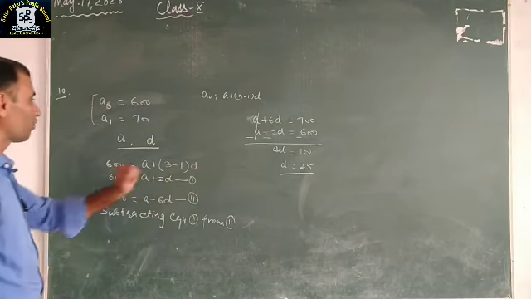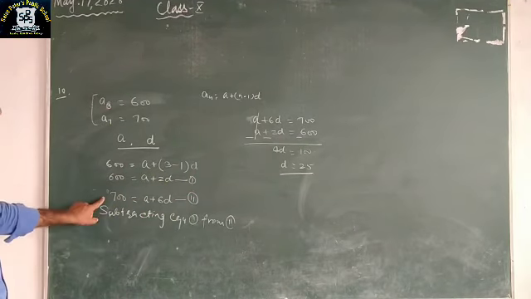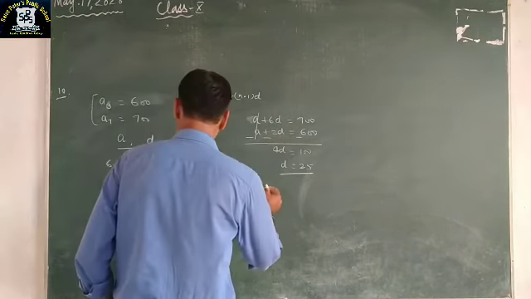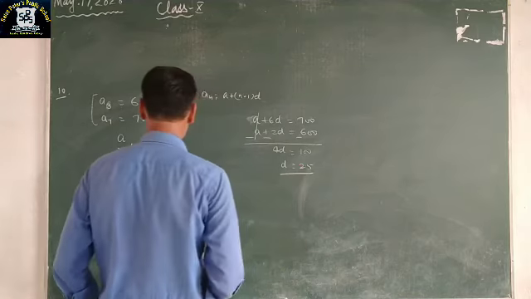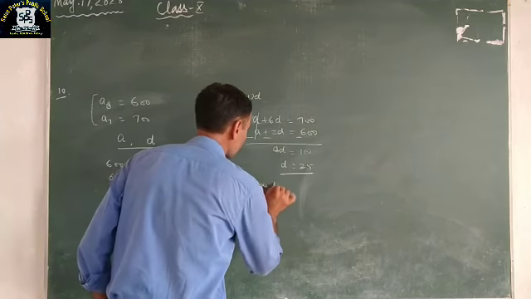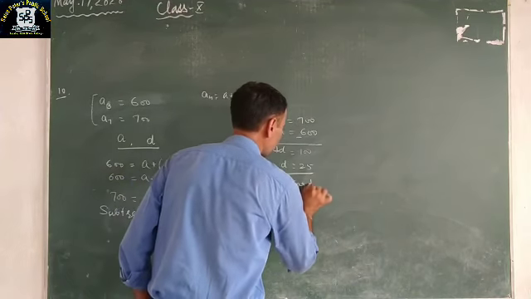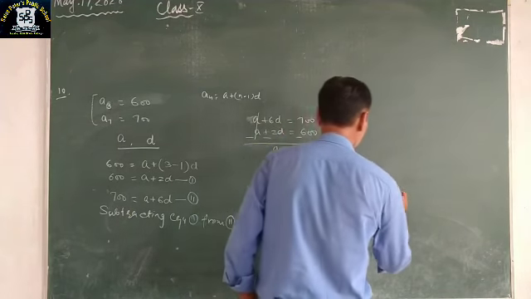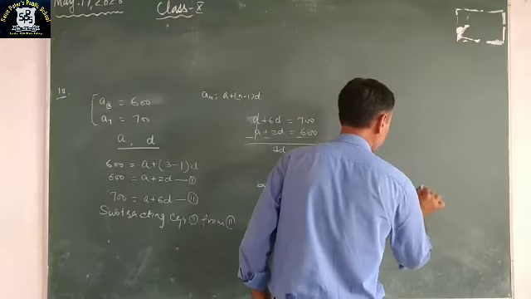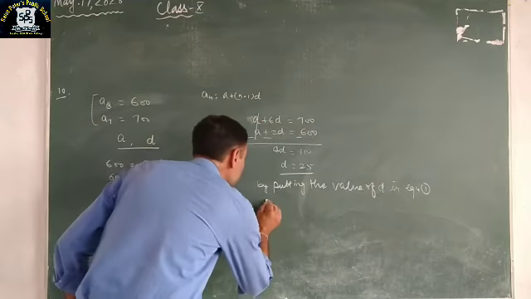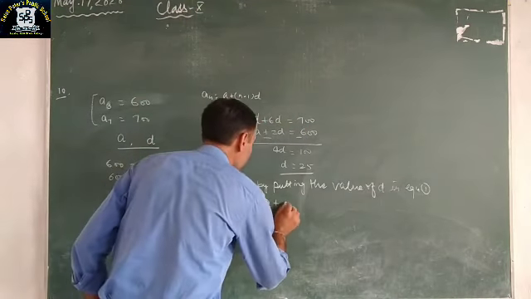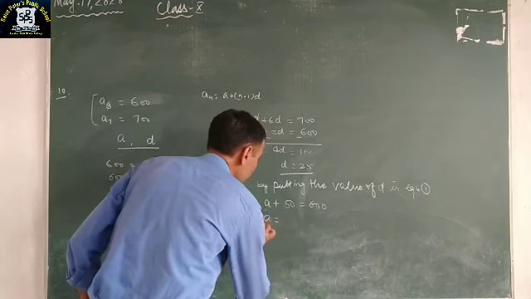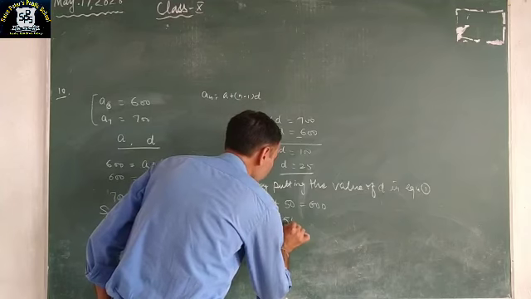If I use the value of D in equation first or second, I will get the value of A. So D is equal to 25. By putting the value of D in equation first, A plus 2 into 25, that's 50, is equal to 600, or A will be equal to 550.